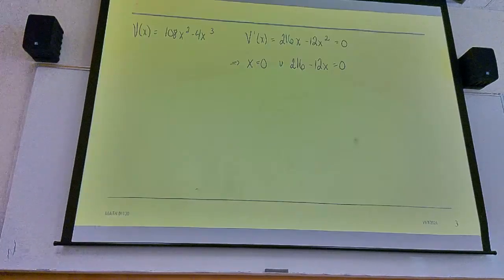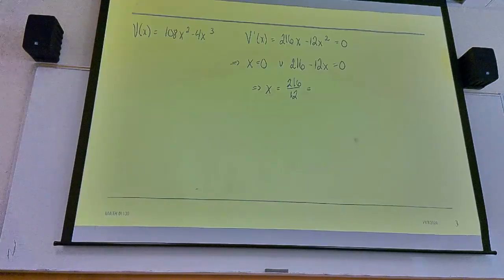So that gives x is 0 or 216 minus 12x is 0, right? X can't be 0. x is 216 over 12.